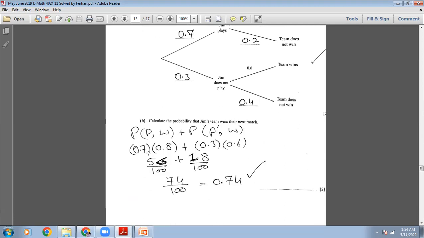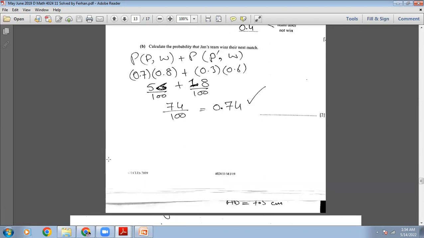So it is 7 by 10 multiplied by 8 by 10, that's 56 by 100. 3 by 10 multiplied by 6 by 10, it is 18 by 100. So adding, 56 plus 18 will be 74 by 100, so 0.74. So the answer is 0.74.